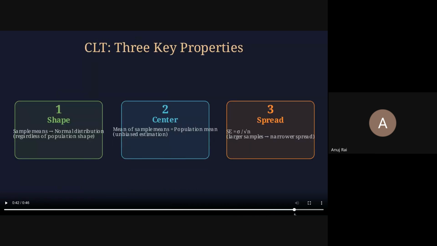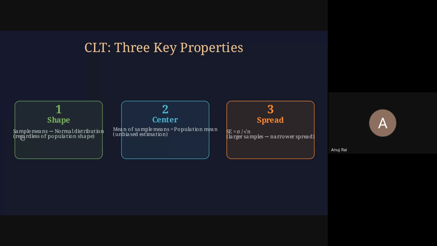You see the difference, right? So we plot sample means and get a normal distribution regardless of the population shape.